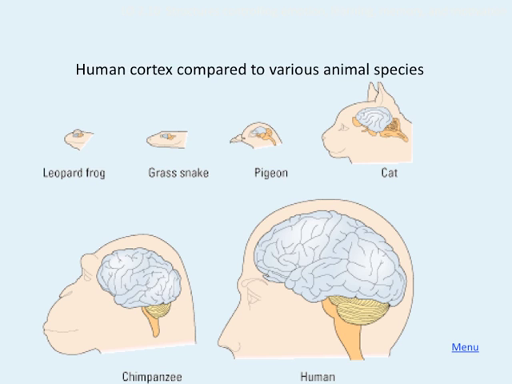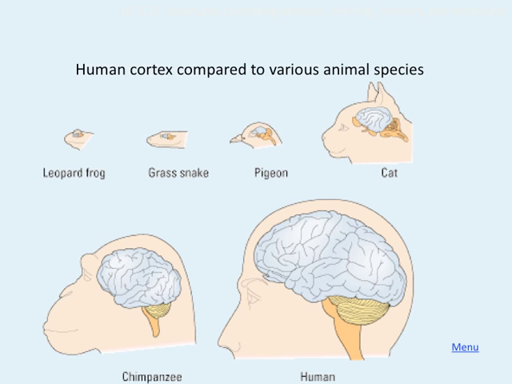Okay, so let's talk about the human cortex. What makes us different than other animals? You can see a leopard frog has a very small brain. A grass snake has a very small brain. As you go through the different animals, a pigeon obviously has a little bit more of a forebrain.